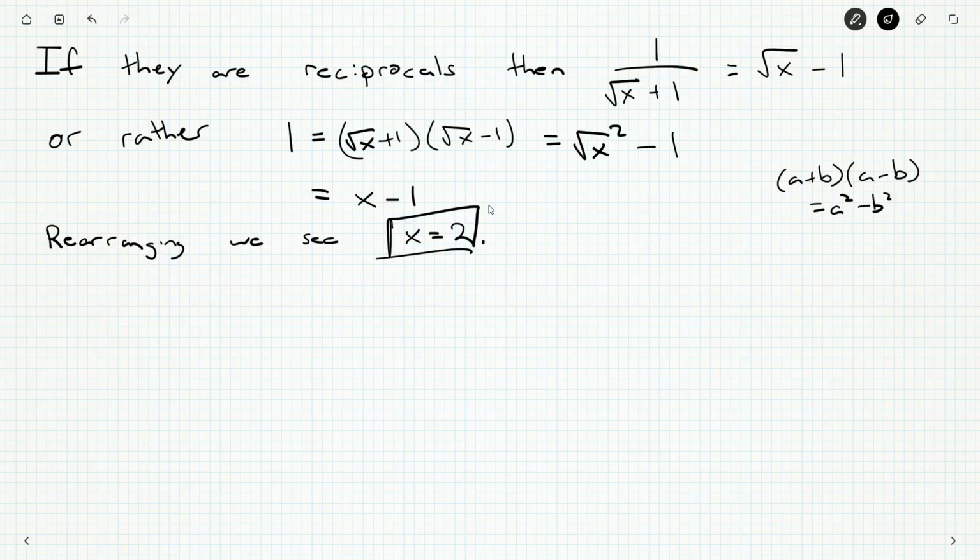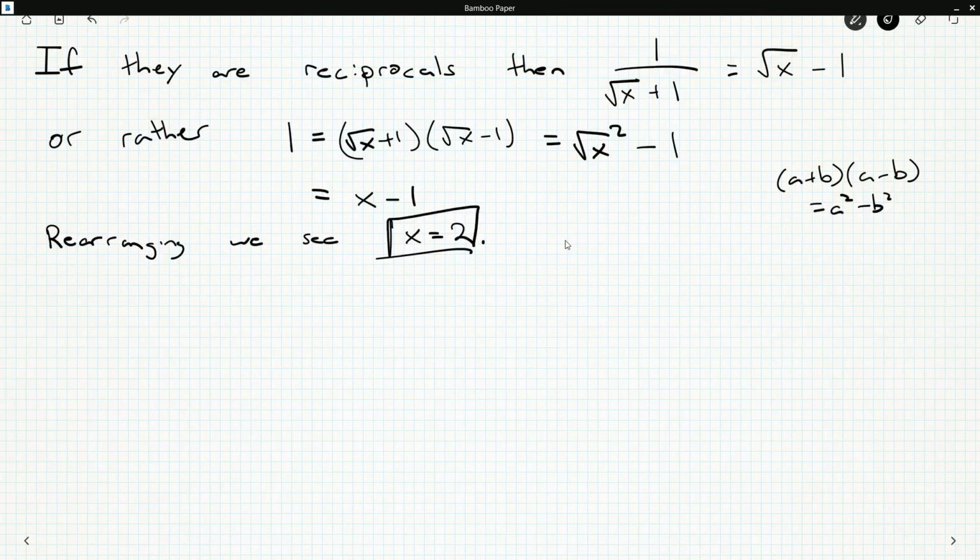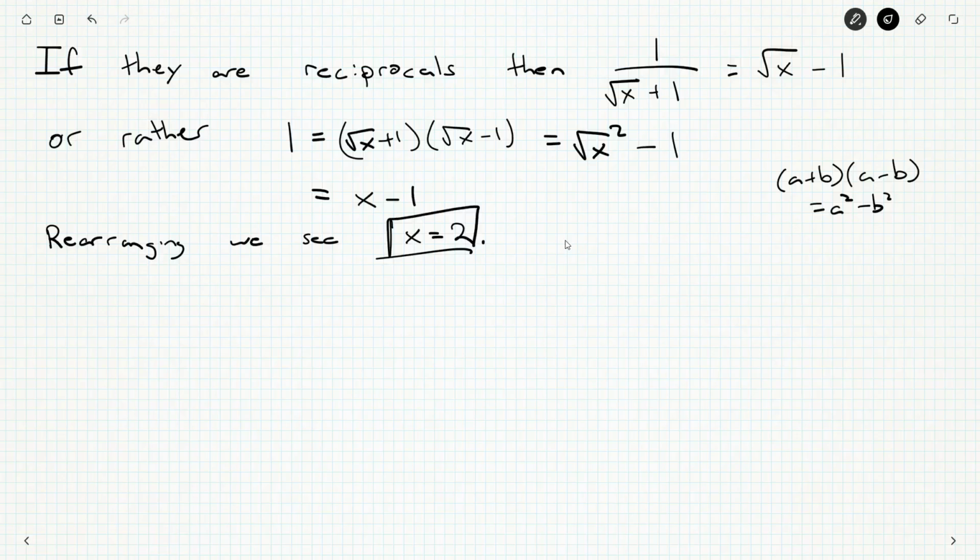Okay, and now B part. Prove that there is no real value of x for which x and 1 minus 2x are reciprocals. So what we're going to do here is a proof by contradiction. We're going to assume that there is a pair. There is a value of x so that this pair is reciprocals, and show that that is nonsense.